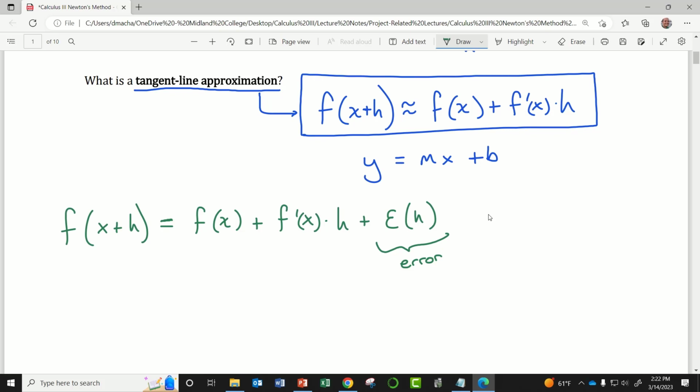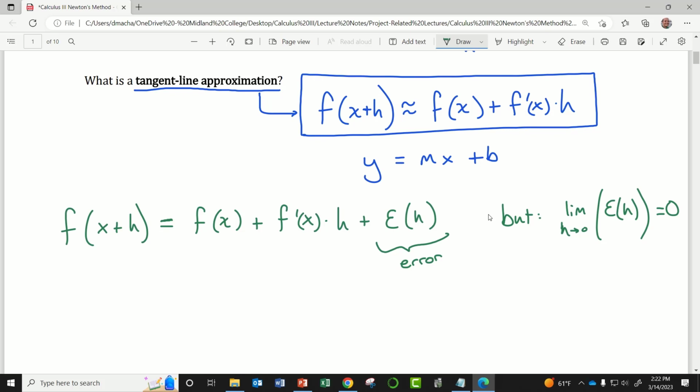But what makes this a good approximation is that, of course, if I take the limit as h approaches 0 of this error term, it's 0, right? In other words, I'm saying if h is 0, then there's no error at all in this approximation.